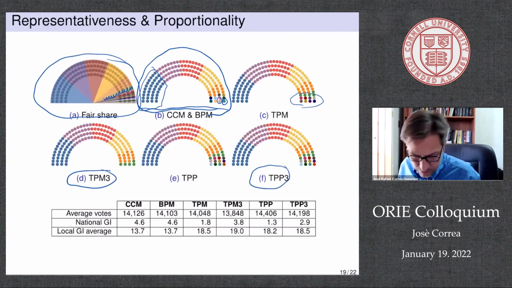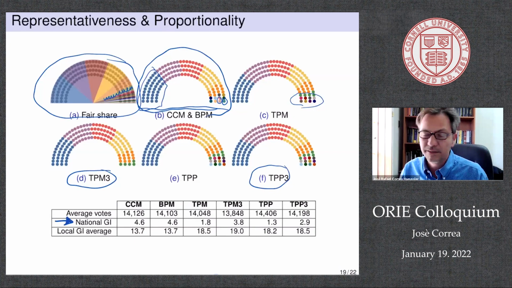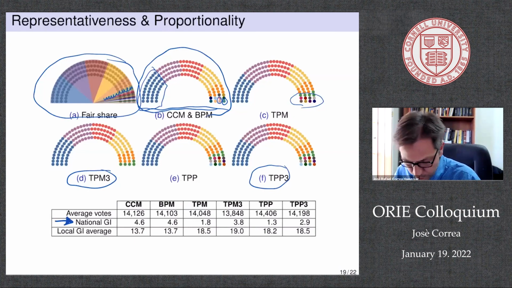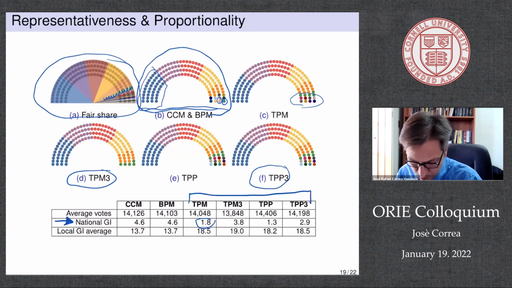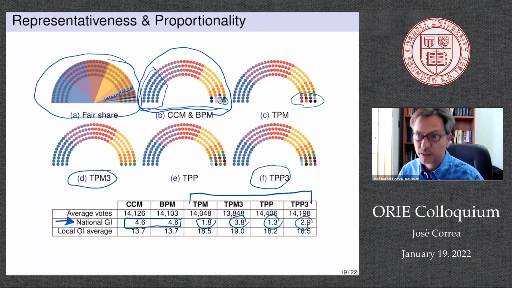This Gallagher index is a political measure of how close you are to a fair share. It's basically the Euclidean distance to the fair share. Naturally, global methods, like all these three proportional methods, have a much better global Gallagher index than methods which are just local.